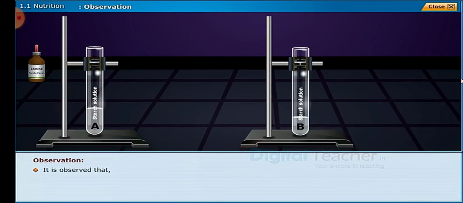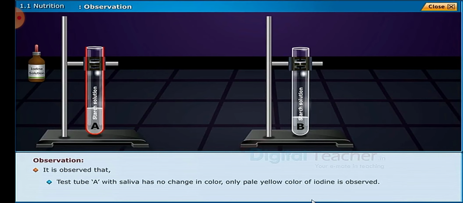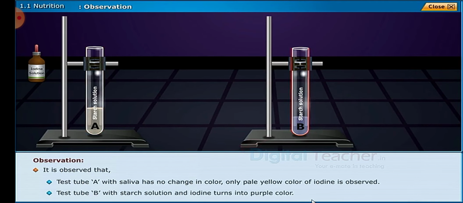It is observed that test tube A with saliva has no change in color. Only the pale yellow color of iodine is observed. Test tube B with starch solution and iodine turns into purple color.